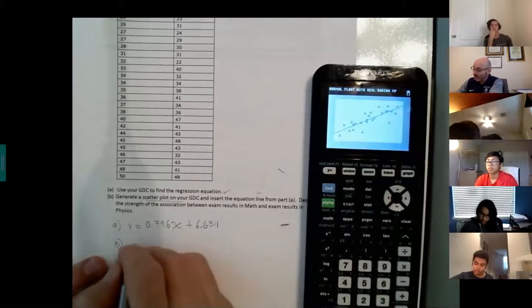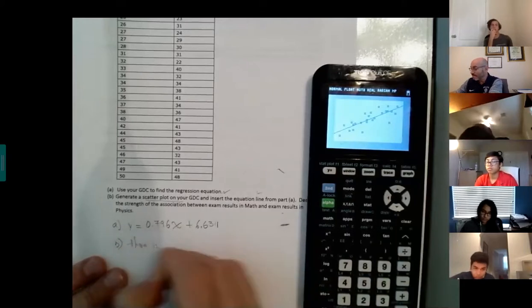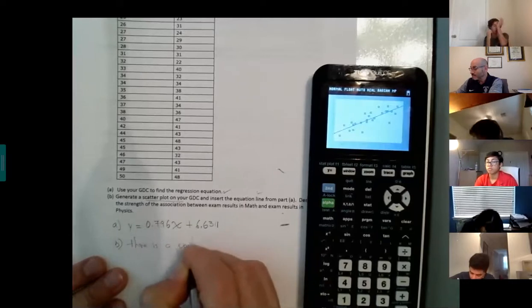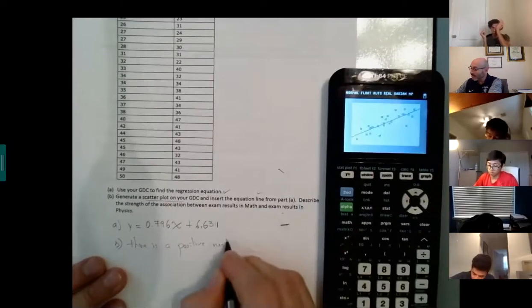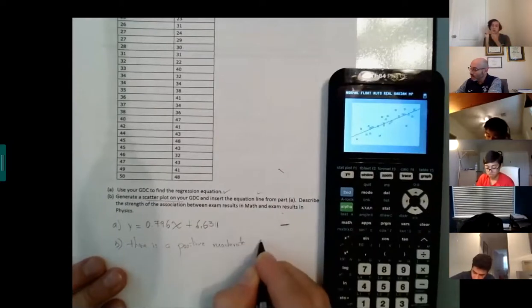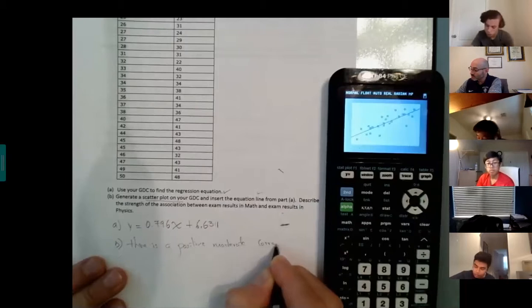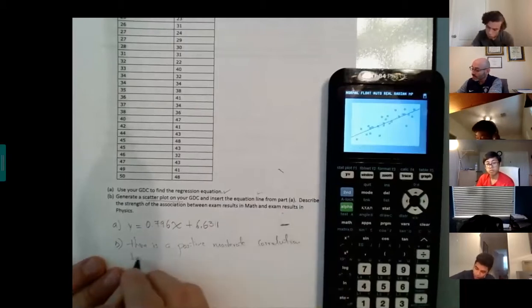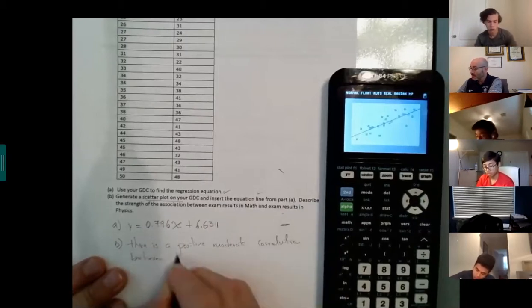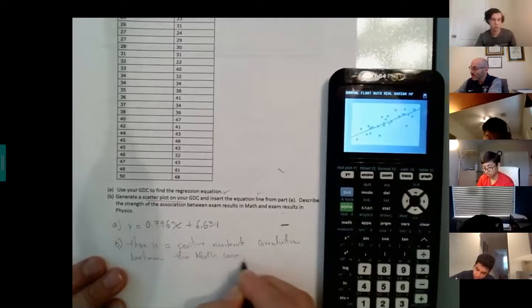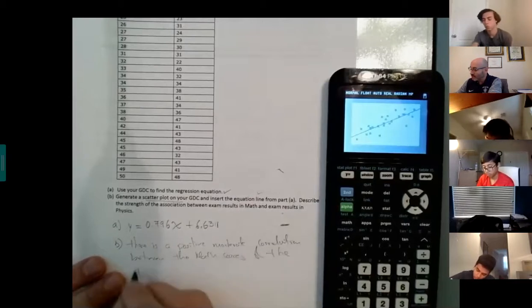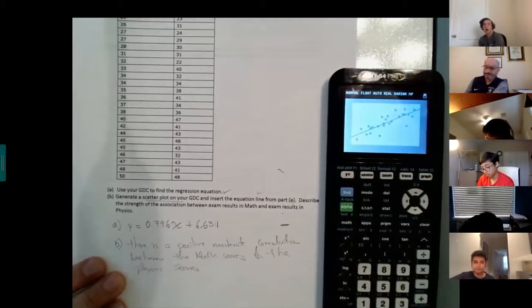So there is a positive, because the trend is upward, moderate correlation or association between the math scores and the physics scores, right? So that would be example one up to this part.